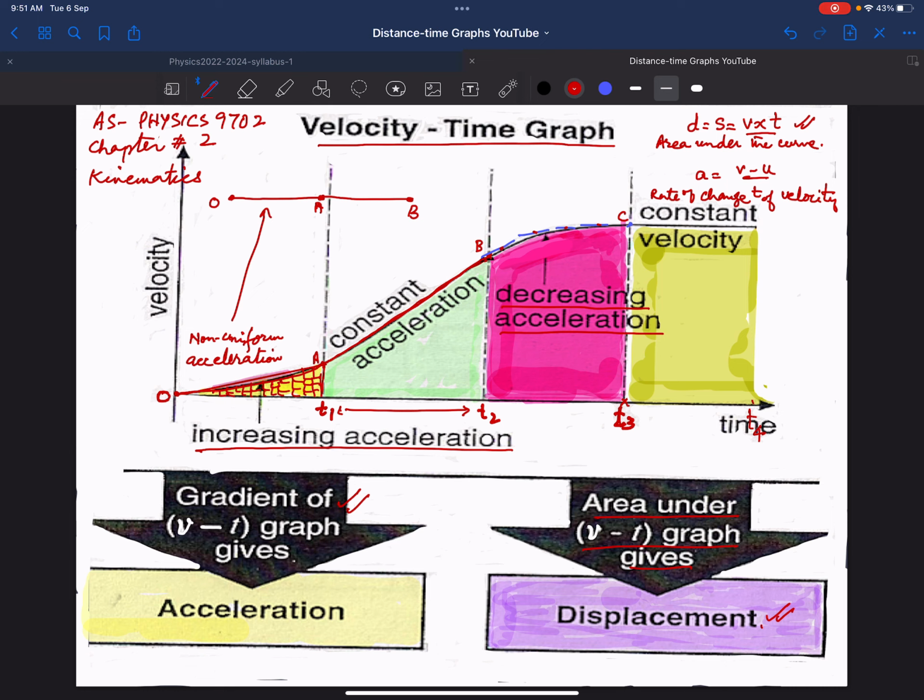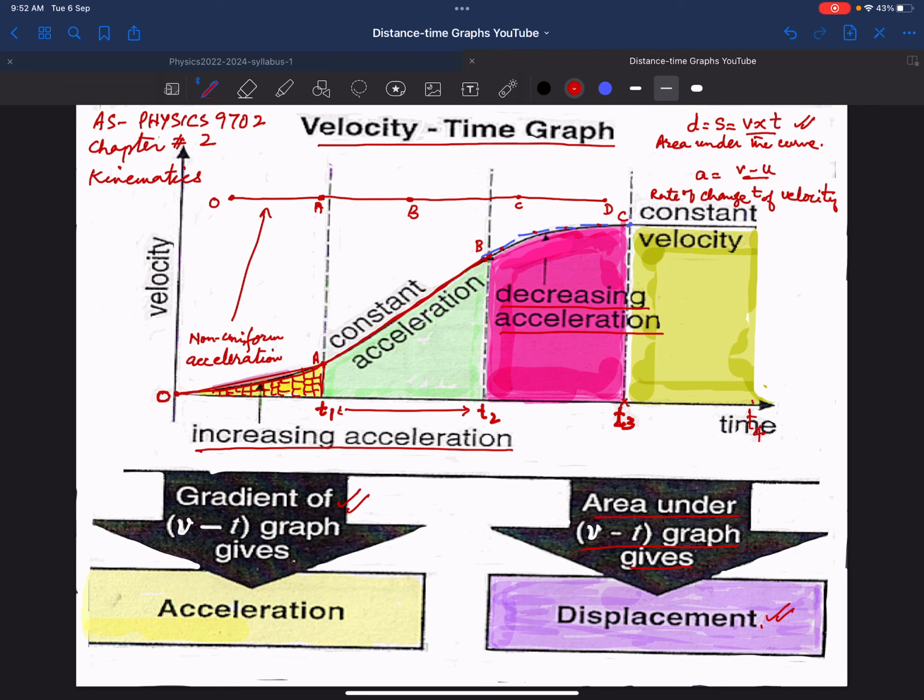Then if you want to stop the body, slowly and gradually you apply the brake, and the decreasing acceleration takes place over here. Remember this thing, this is decreasing acceleration.